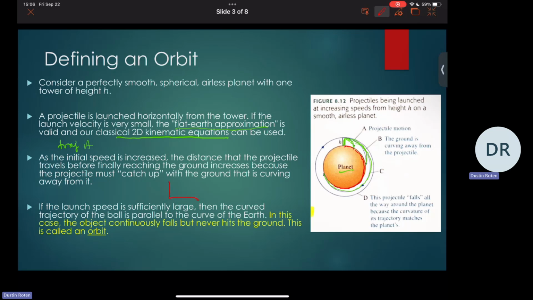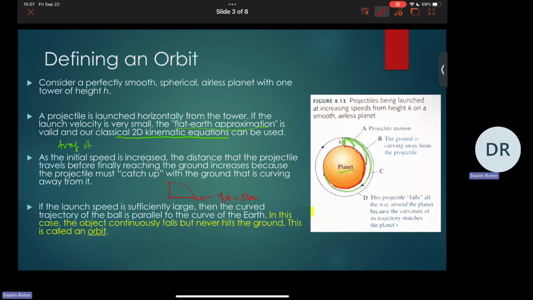Just like in all those problems we did where we fire a projectile, it always wants to get to the lowest point. This will be our final height of 0 meters. So since we have to deal with the curvature of the Earth, clearly these objects are going to travel a little bit further.